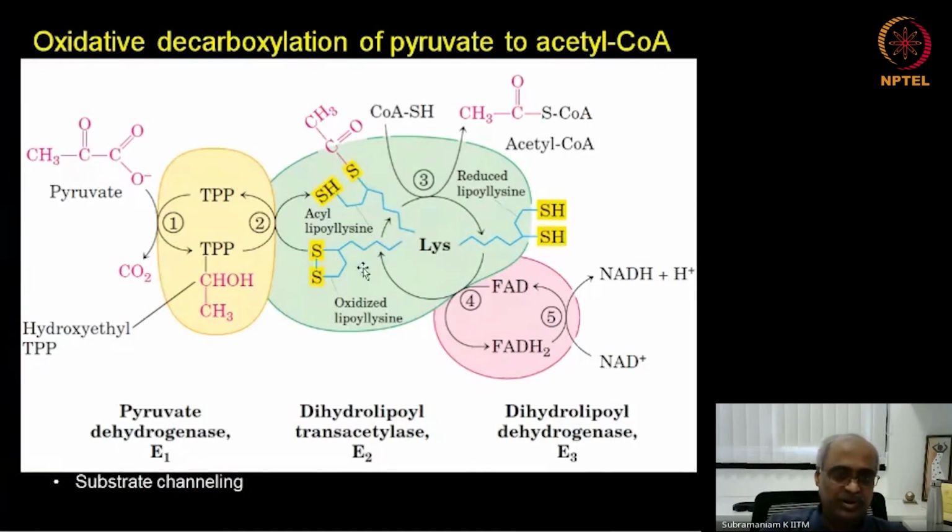So one important thing in this kind of a major enzyme complex that we need to understand is this concept of substrate channeling. So what is substrate channeling? Now which is the substrate here, which is the product? The very original substrate is pyruvate and the ultimate products are carbon dioxide, acetyl-CoA and NADH.